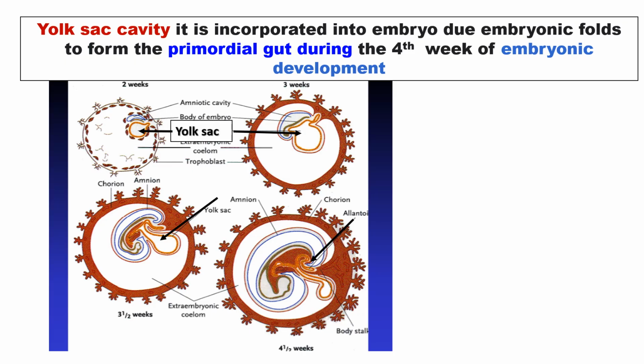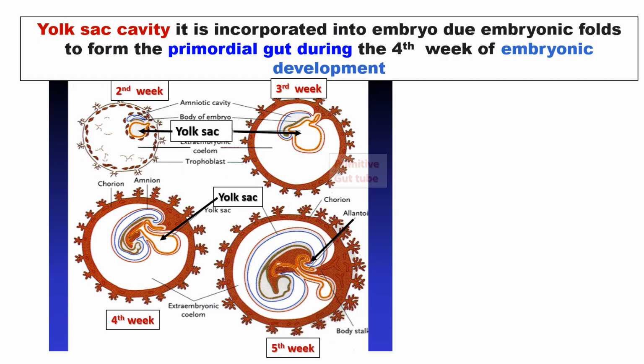So in the second week, the yolk sac, primary and secondary, is formed. The third week is the formation of embryonic folds, where most of the yolk sac is taken inside by the embryo, forming the primitive gut tube. The primitive gut tube is therefore formed by the incorporation of the yolk sac by the embryonic folds.